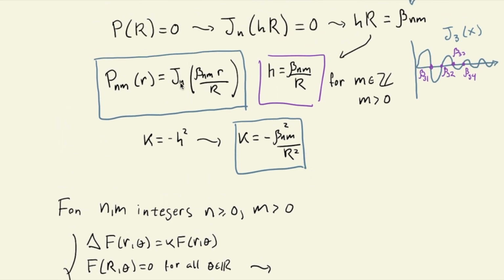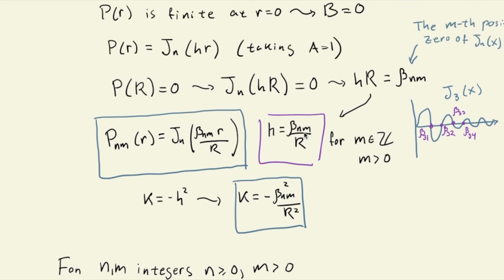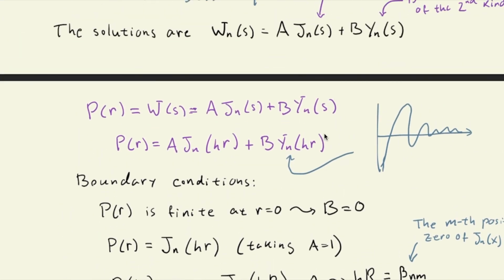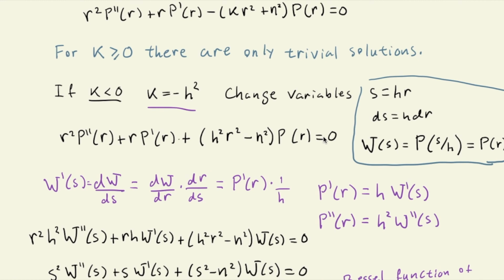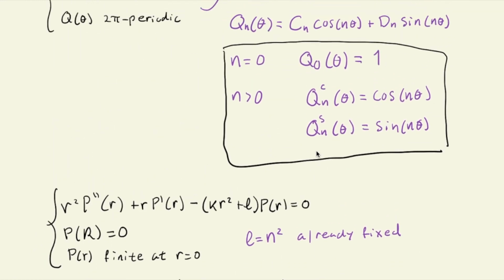The p is the Bessel function, and the q, remember, was either a sine or a cosine.